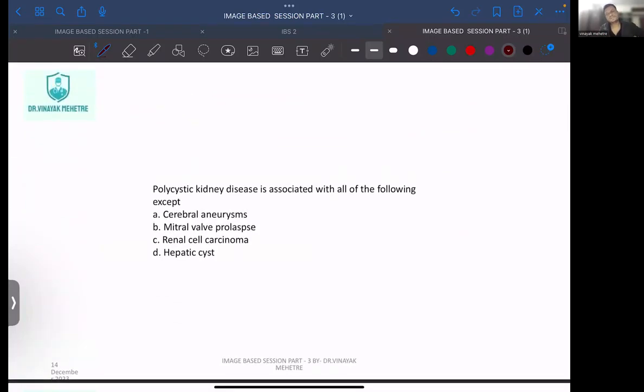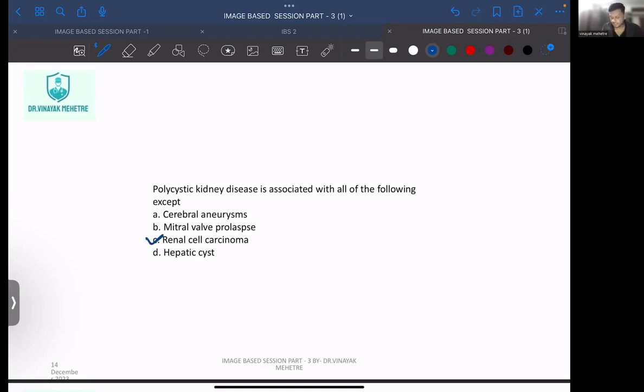Try to answer this question if you can. Remember, polycystic kidney disease is not associated with renal cell carcinoma.